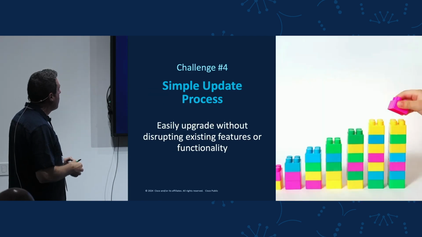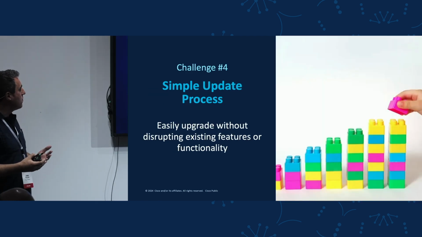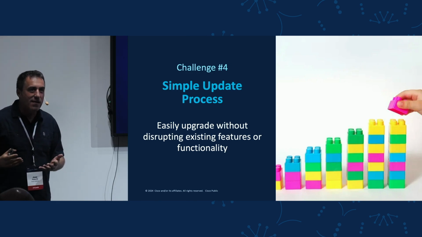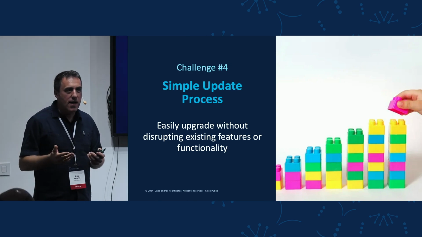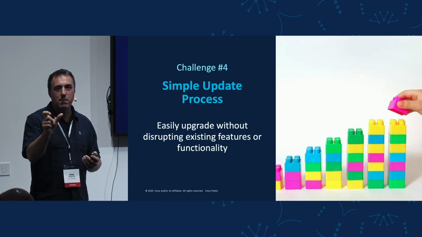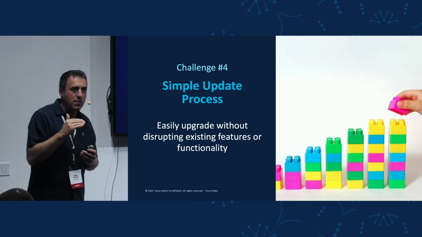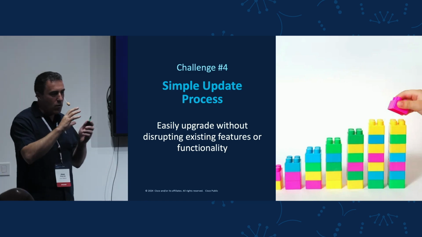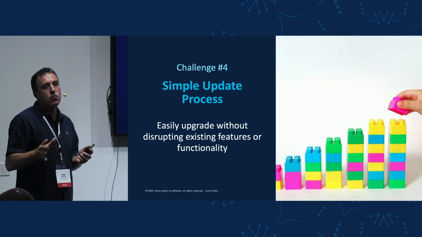Okay, challenge number 4. When it comes to automating at scale, having a complex solution that is a nightmare to add one more piece, one more managed object, doesn't make sense. So from the very beginning, we were clear that our net emulator should be simple and easy to upgrade.